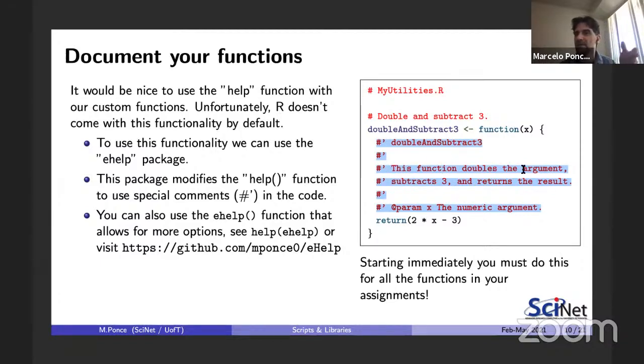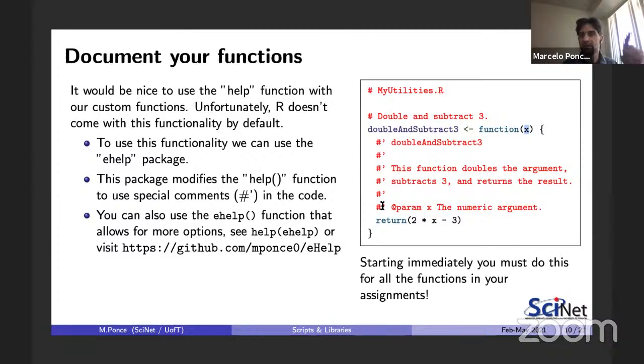This function doubles the argument, subtracts 3, and returns the result. And with this add param, which is a keyword for the ehelp package, I'm defining that the argument the function is expected to receive is of type numeric, a number. Again, this is part of best practices in coding.